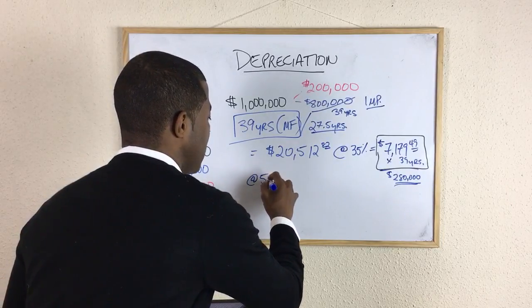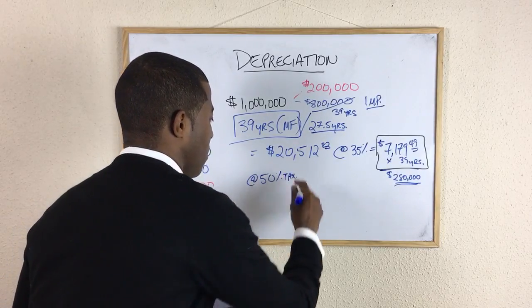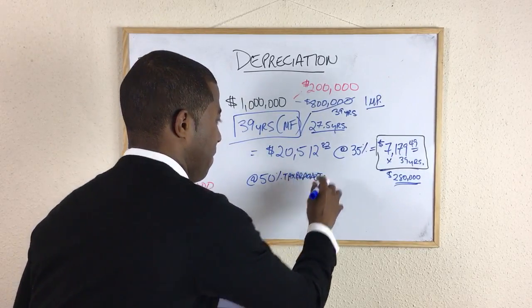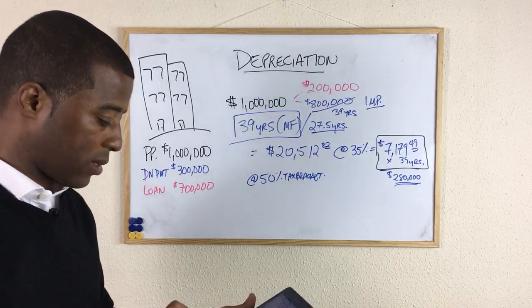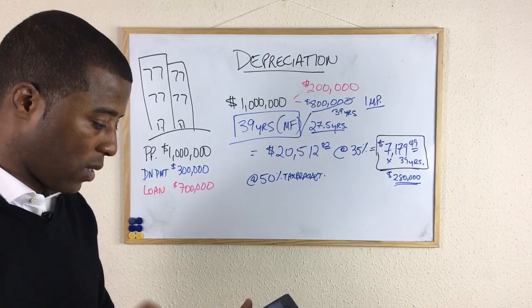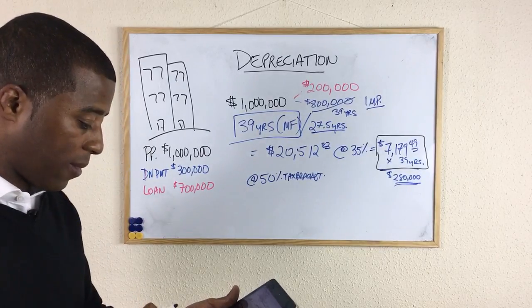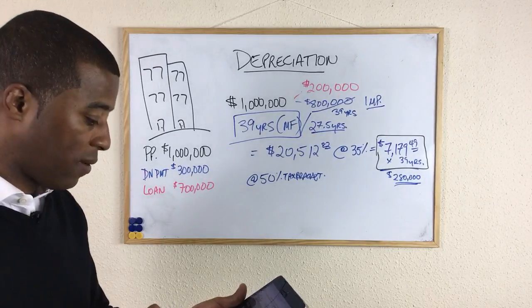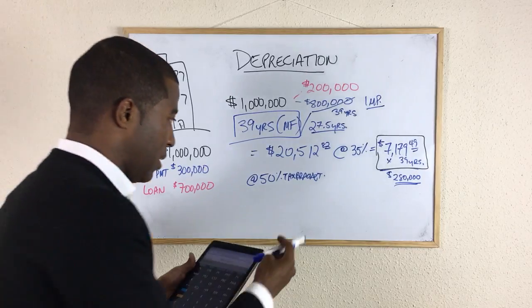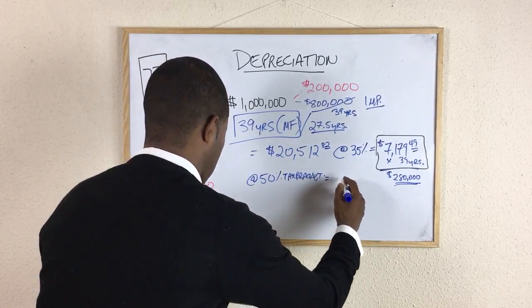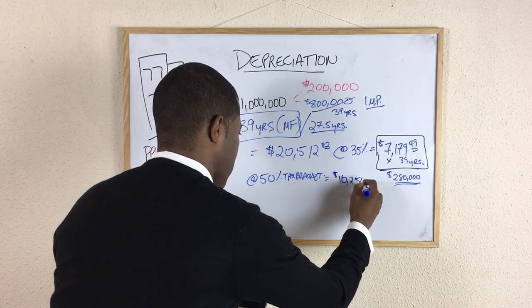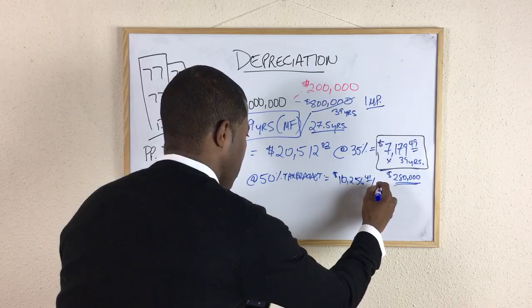If you were at a 50% tax bracket, we would use the $20,512.82 times 50%, which would be worth $10,256.41 per year.